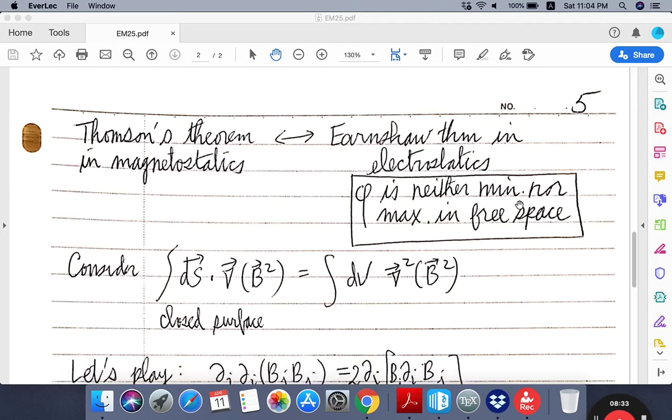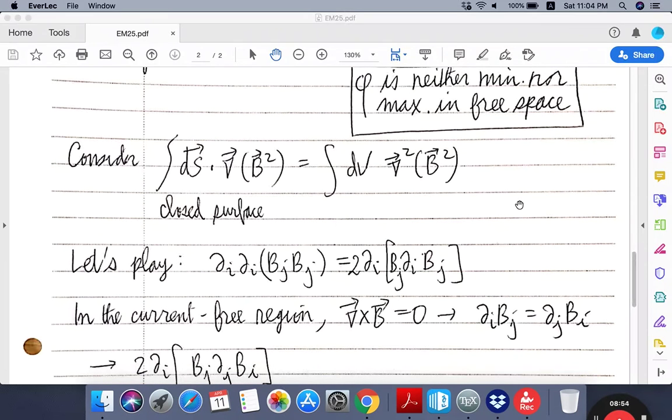Okay, so the analogous statement for magnetostatics is known as Thomson's theorem, one of Thomson's many theorems, I should say. To prove this so-called Thomson's theorem in magnetostatics, I'll first walk you through the derivation, and at the end of the derivation, I will simply state the content of the theorem.